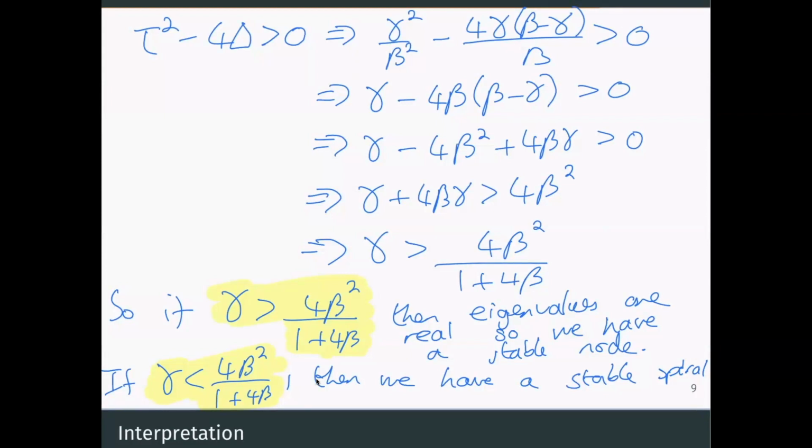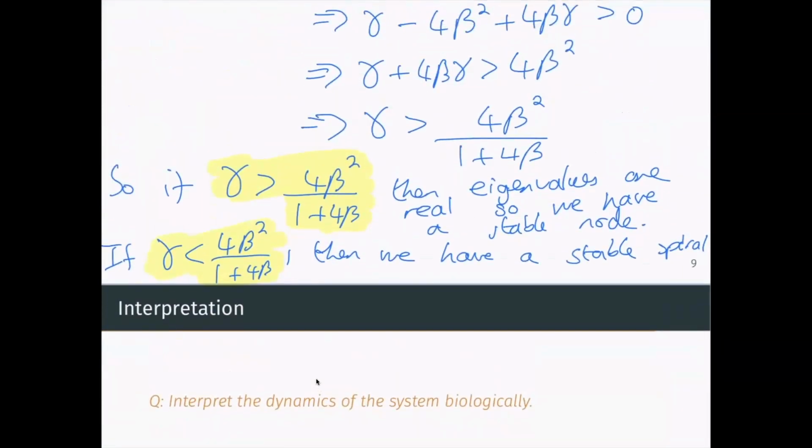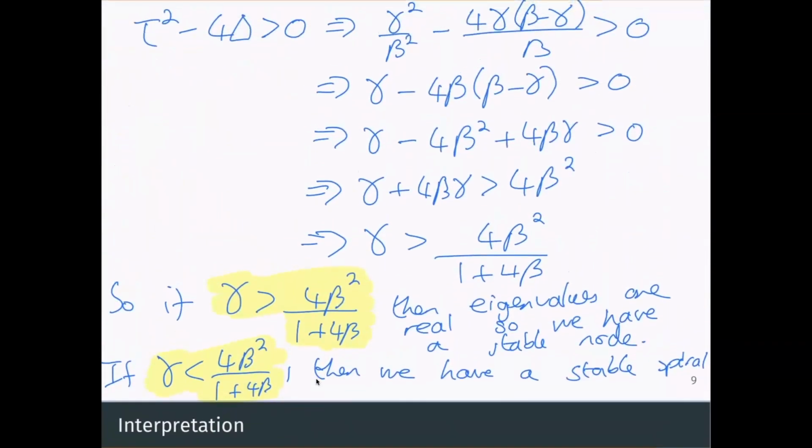So this is a more realistic model than our lynx hare model that we had previously in the just standard Lotka-Volterra model, where we had these neutrally stable cycles. Here we have cycles can exist, but they're damped oscillations.